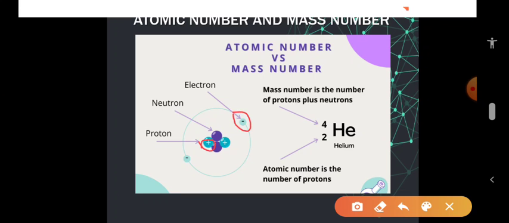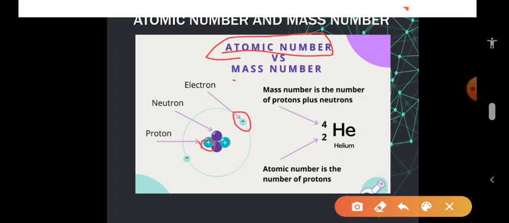So number of electrons is equal to number of protons, and this number is called atomic number. Once again I repeat, what is atomic number? Atomic number means the number of electrons or the number of protons in an atom is called atomic number.